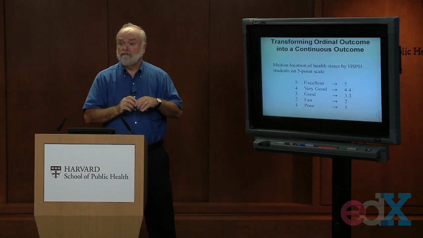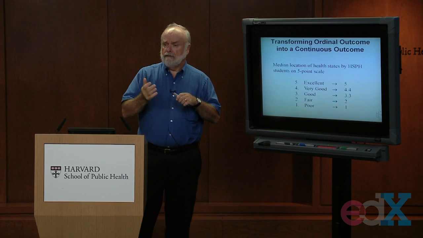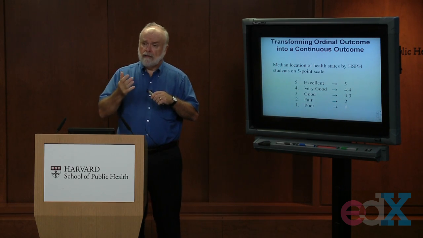And I measured the average of those numbers that they gave for those distances for their first X, and did the same thing for their second X, the location for good health, and their third X, the location of very good health. And what I got for the results were the following. These are medians of their values, median locations, but the means, the averages, were almost the same.